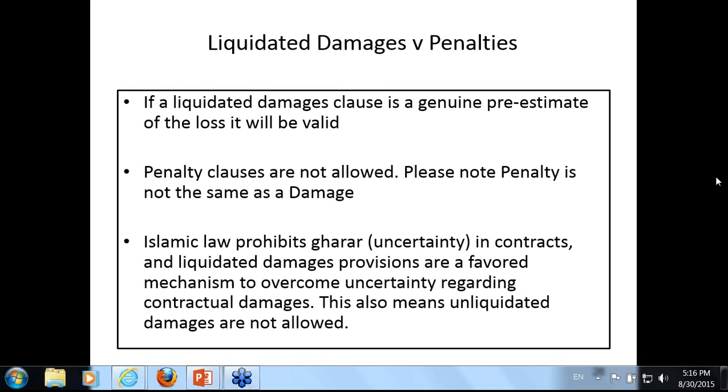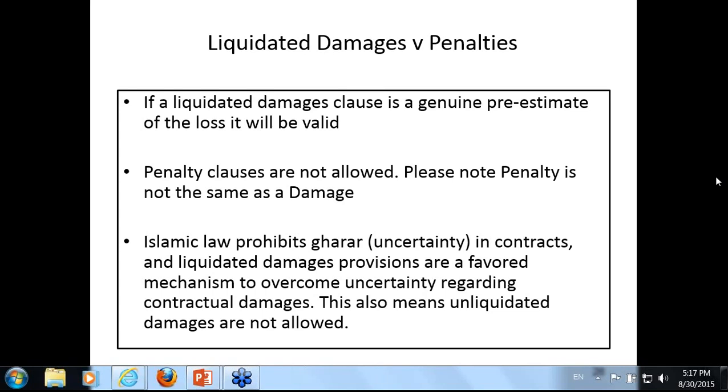It will allow liquidated damage provisions in order to get contractual damages back, but it will not allow penalties under Islamic law. The reason is that penalties are deemed to be uncertain, because people do not know how they are going to be enforced and at what level. And Islamic law prohibits uncertainty in contracts.